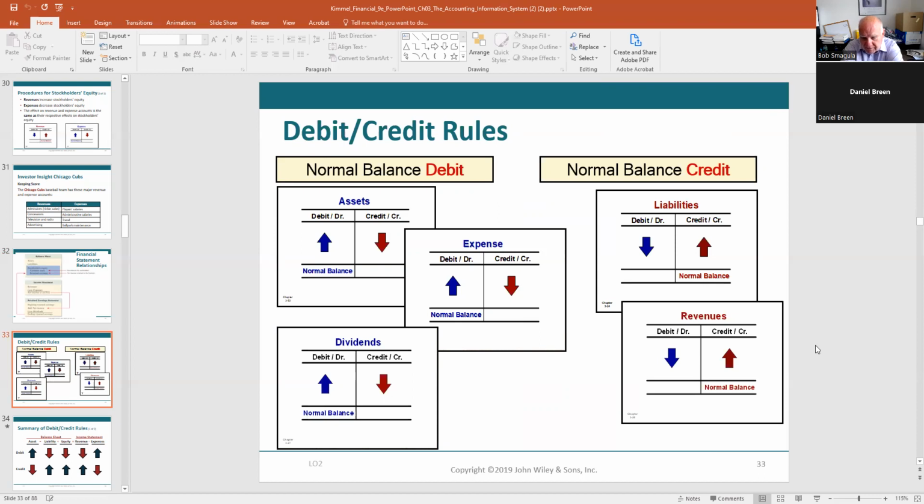Debit balance means you increase the account with a debit. Liabilities and revenues have credit normal balances. You increase the number with a credit. So this grid right here, grid number 33, I guess it is, gives you everything you need to know.